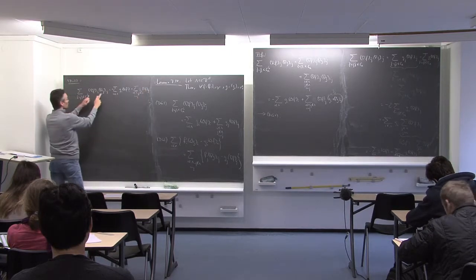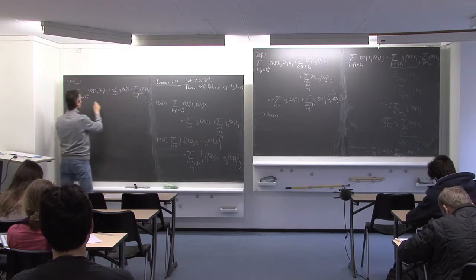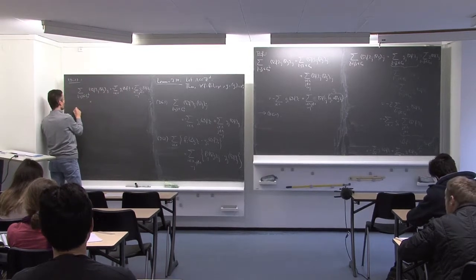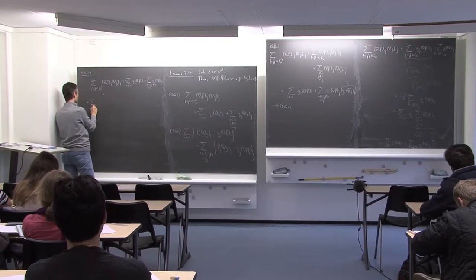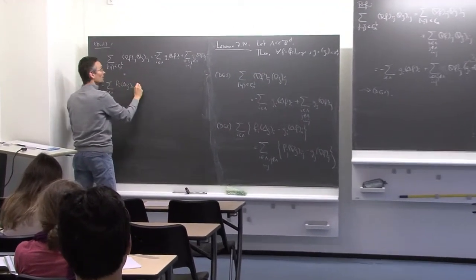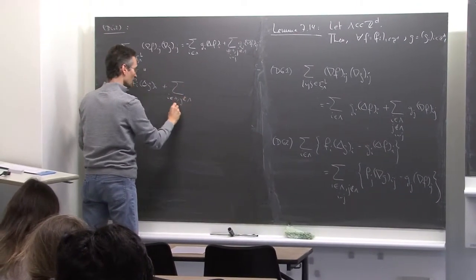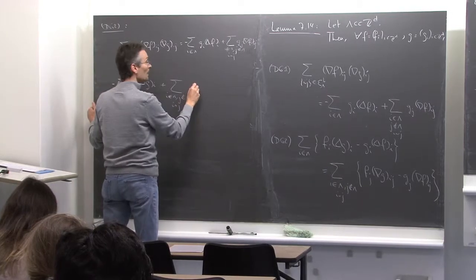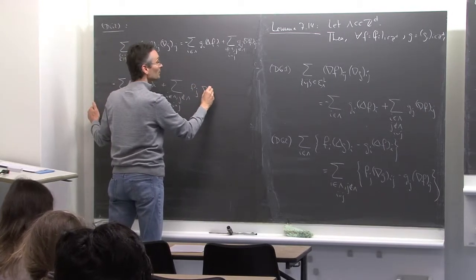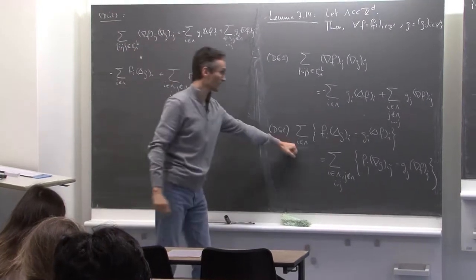Okay. But this is completely symmetric in f and g. So I can also just interchange the role of f and g, and I get a second identity. I get that this is also minus the sum over all i in Λ of f_i Laplacian g_i, plus the sum over all i in Λ, j not in Λ, i neighboring j, of f_j gradient g_ij, and that's just the second discrete Green identity.